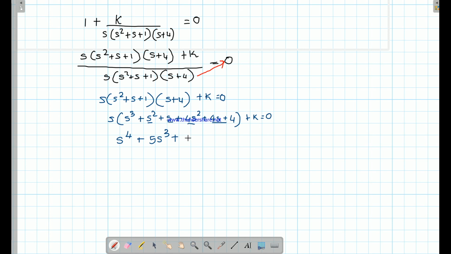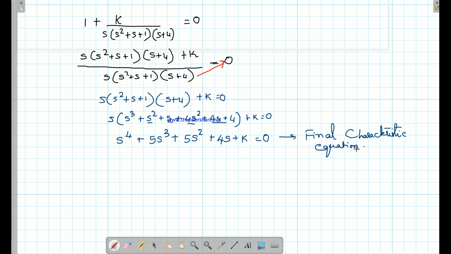So 4s plus s is 5s, and 5s into s will be 5 s square, plus we have 4 here, 4 into s, plus K equals 0. So this is your final characteristic equation.